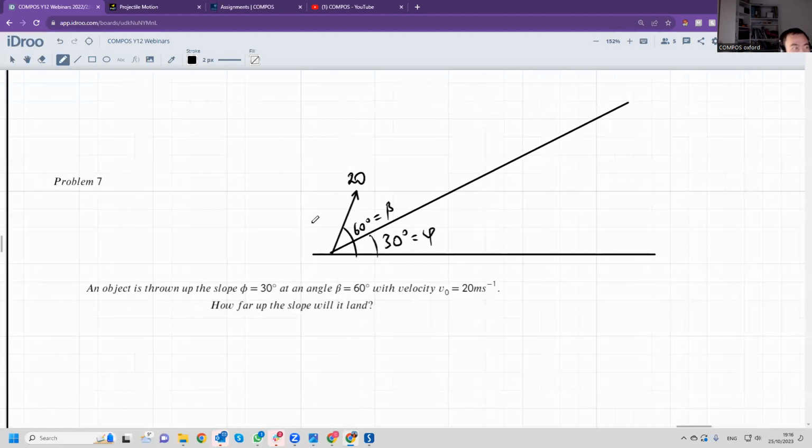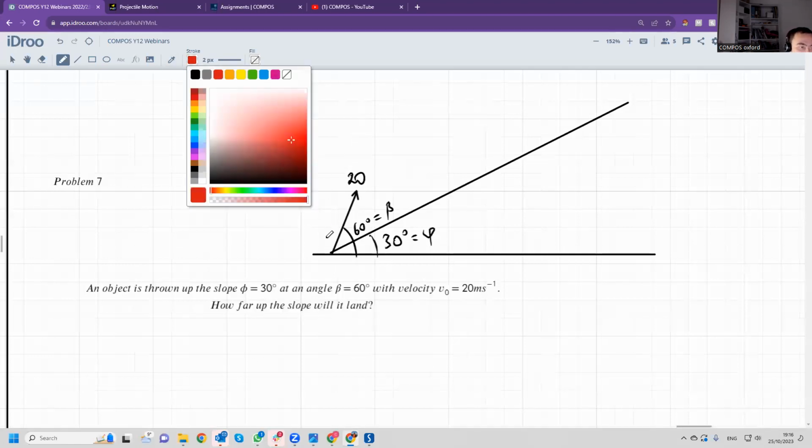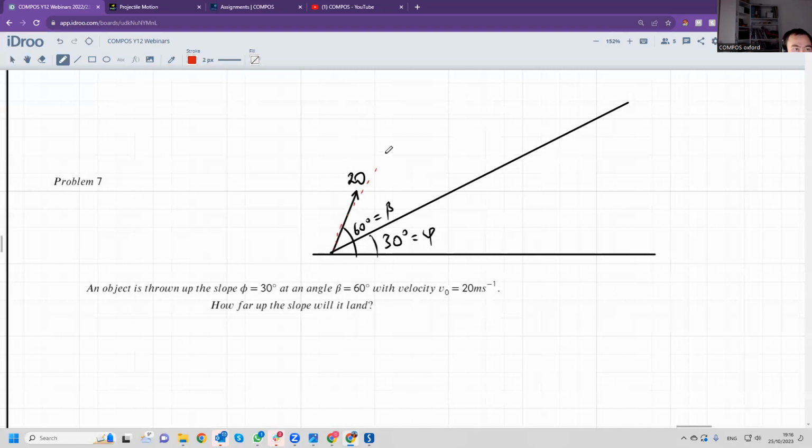How far up the slope will it land? So basically, we're shooting, and it will hit the slope at some point. So it's sort of the same thing. It's just we need to find where it hits the slope. Well, you can use the equation of motion here.